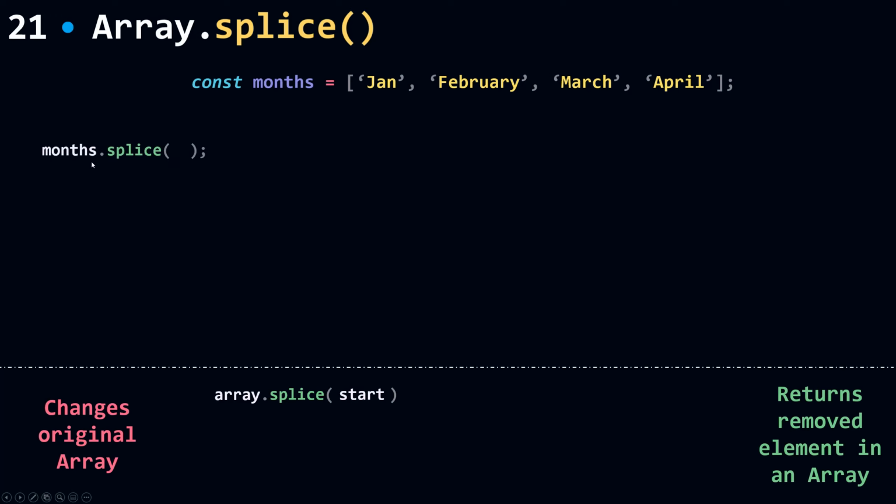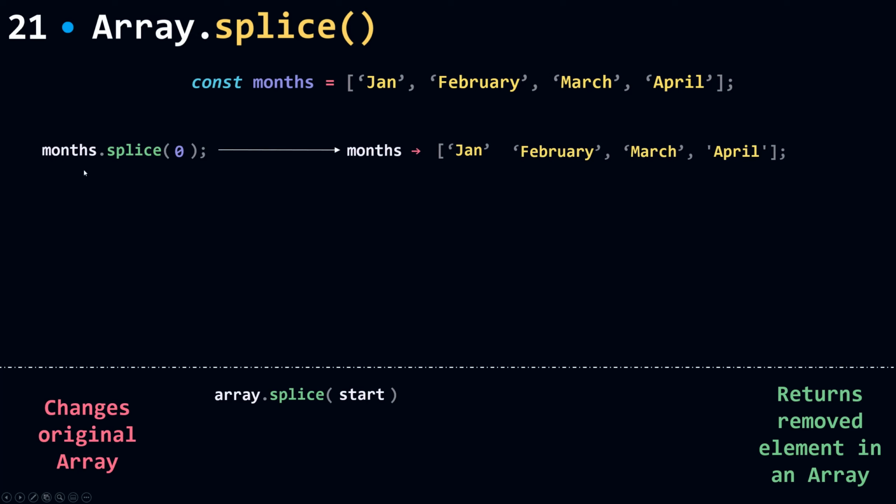So months.splice, and I'm going to use 0 as the start index here. What will happen is that splice will go to the index 0, and because I didn't specify what elements I want to remove or add into the array, no changes will be applied to our array months, so we will just get our months unchanged.